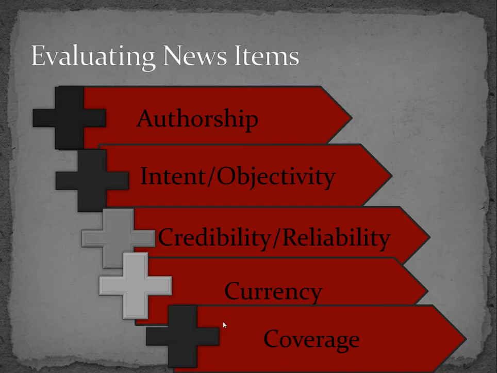Does it cite things that need further exploration? And does it have any elements that could make this a not so credible source of information? Currency deals with how recent it is in relation to your topic, and then of course coverage talks about mostly its relevance to your research question.